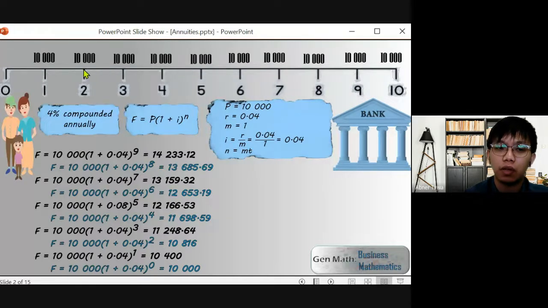And it's not always every year. It depends on the agreement. It could be every 15 days, every month, every 3 months, every 2 months, every 6 months. Yeah. Or every 2 years. It depends on the agreement of both parties, kung sino yung nagsasave and kung sino yung pinagsasavean ng savings.